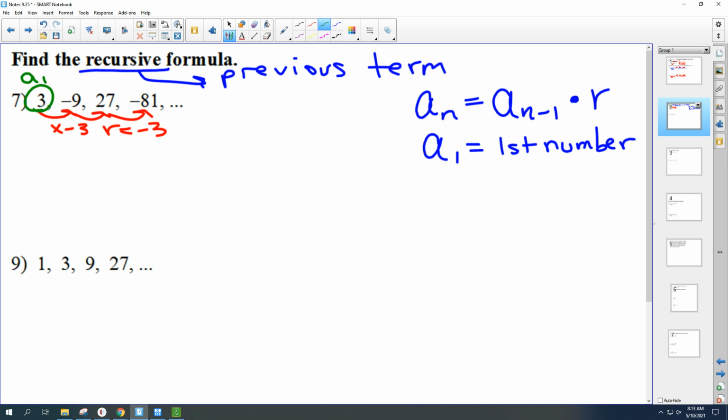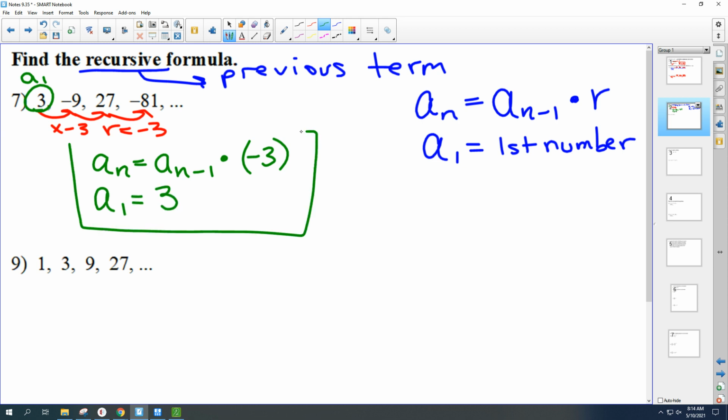And so our recursive formula is going to say AN equals AN minus 1, that's the previous term, times R, which is -3. And we've also got the first term, A1 equals 3. There's your recursive formula. Don't forget both parts.